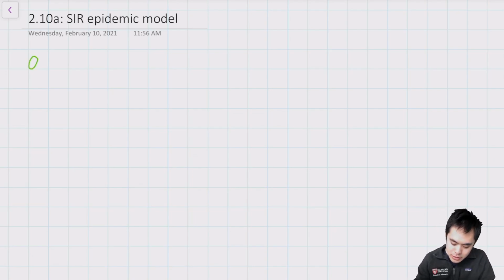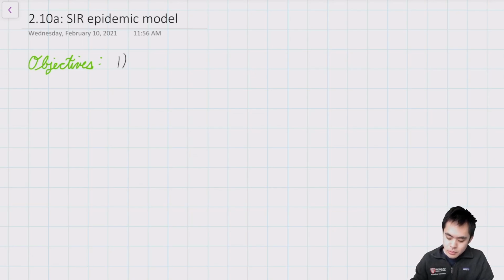So for today, let's give a couple objectives. One, we're going to apply difference equations to modeling epidemics.